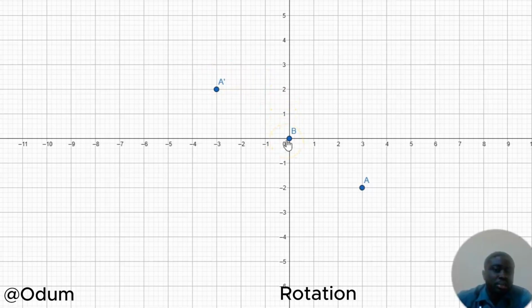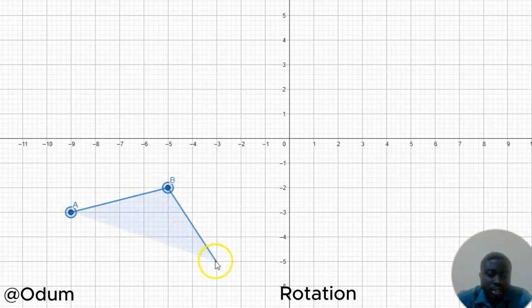Now, let's consider some triangles and do some rotation. So let's have a nice triangle here.